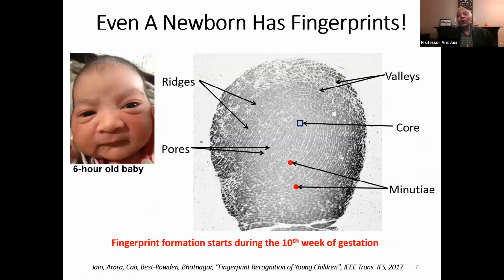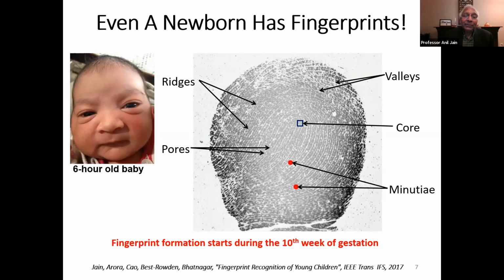So even a newborn has fingerprints. We have been working to come up with a method to recognize infants and toddlers. And people tend to believe that, oh, before 2 years, fingerprints are not formed. And during our research, we have shown this to be false.